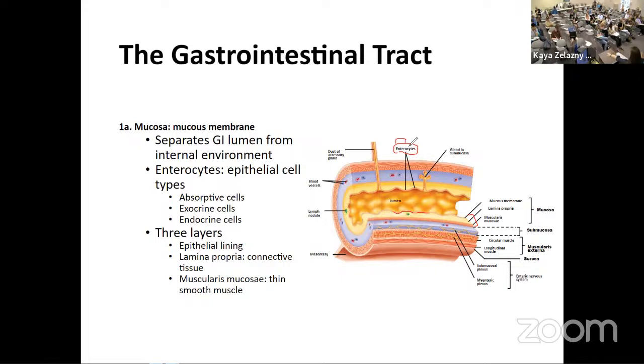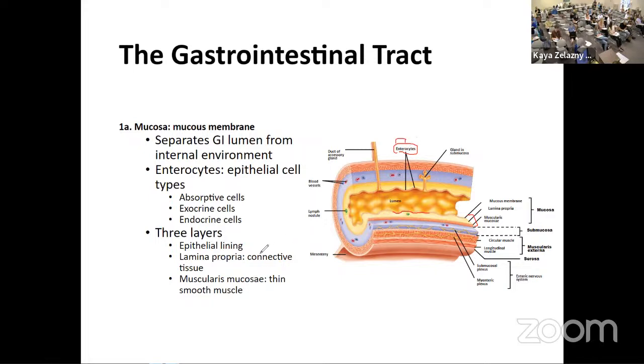So absorptive cells are going to help you absorb nutrients. Exocrine cells are going to be secreting local stuff like enzymes. And endocrine cells, we've talked about our endocrine system before. That's when we have hormones going into the bloodstream, so kind of long distance signals. So all of that is going on in our GI system.